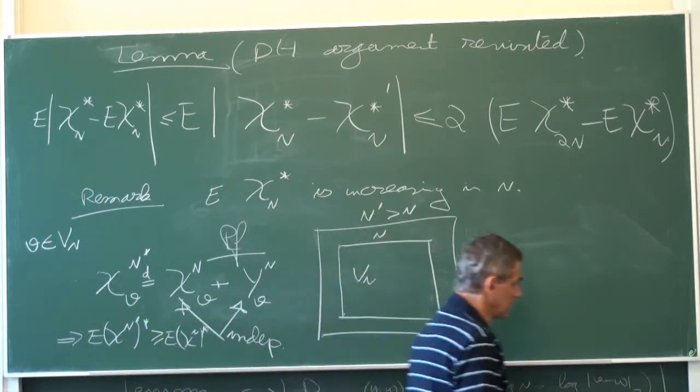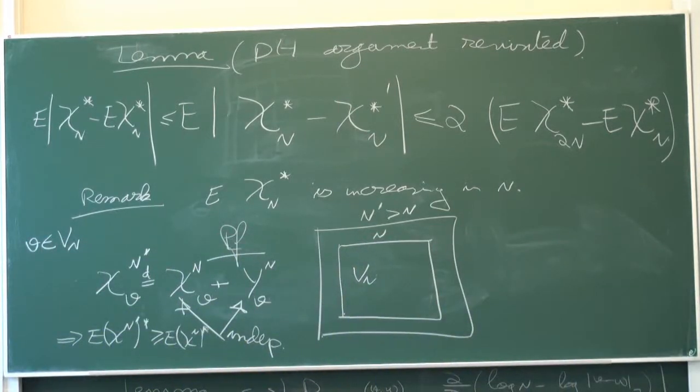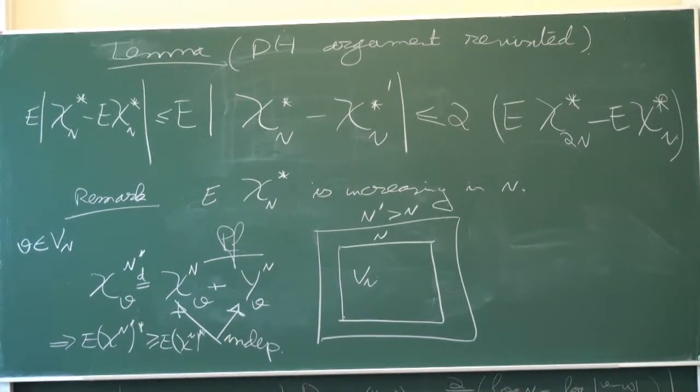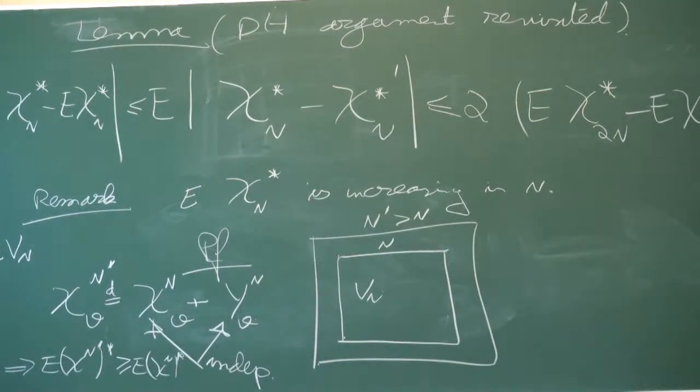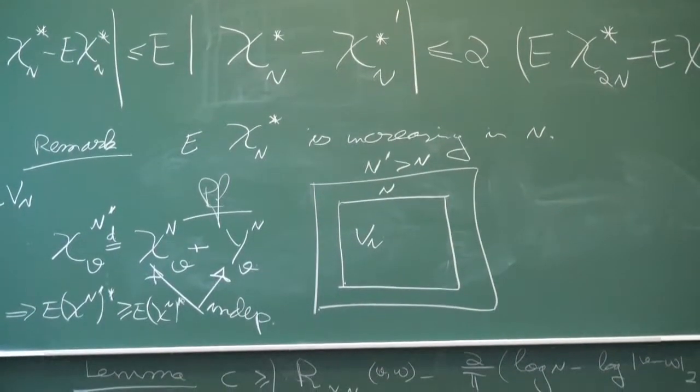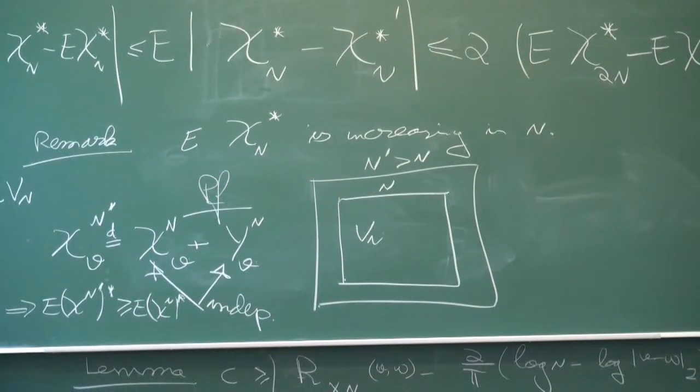Okay? So it's monotone. In particular, in the lemma that I had, I said we are going to prove things for n which is 2 to the power n. Now you see that it doesn't matter. Because the distance between 2 to the power n and 2 to the power n plus 1, the distance in the expectation of the maximum, is just a constant.